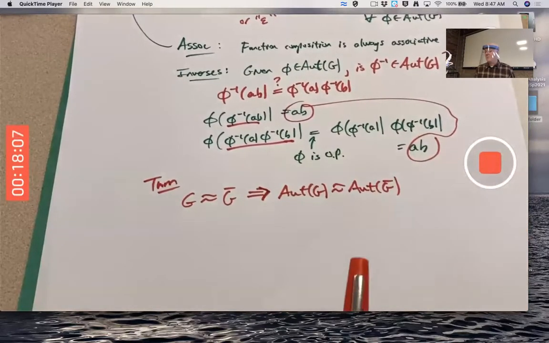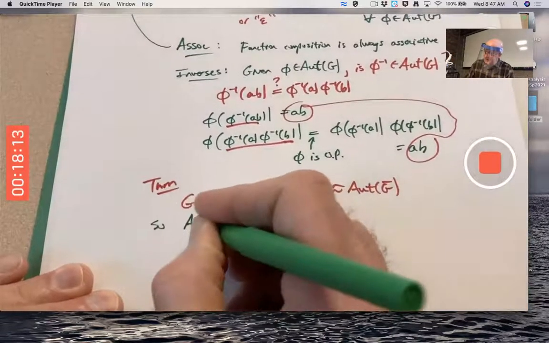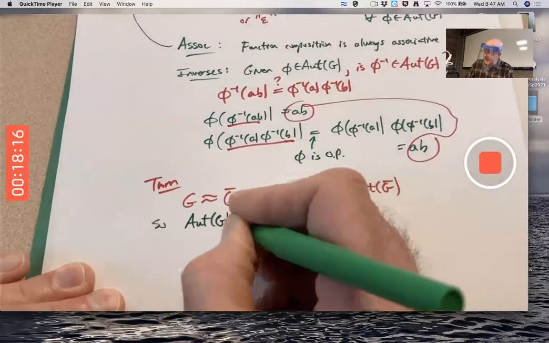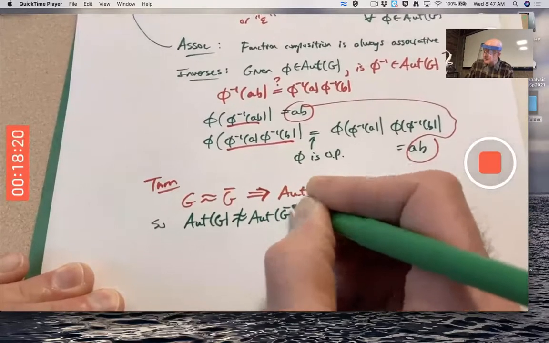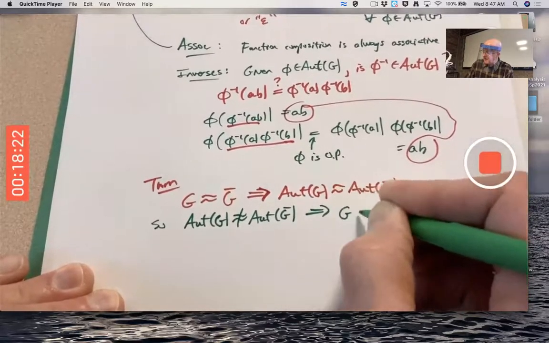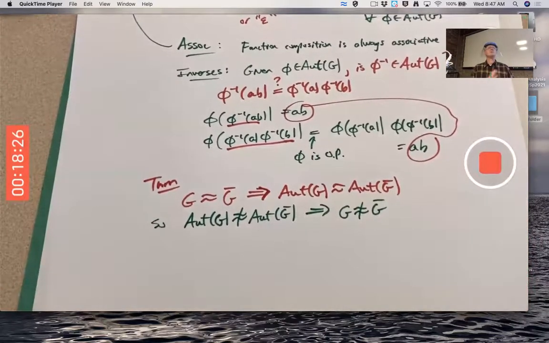And so that means the contrapositive of this also is true. If Aut(G) is not isomorphic to Aut(G bar), that would mean G and G bar themselves are not isomorphic. So maybe that's a more useful application of this concept.